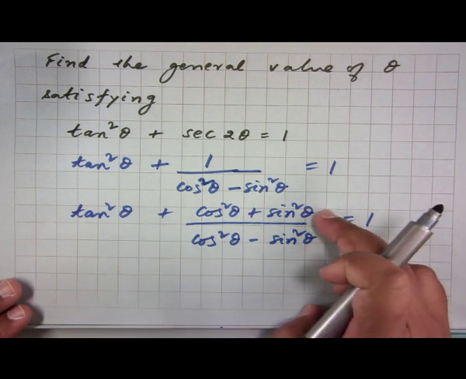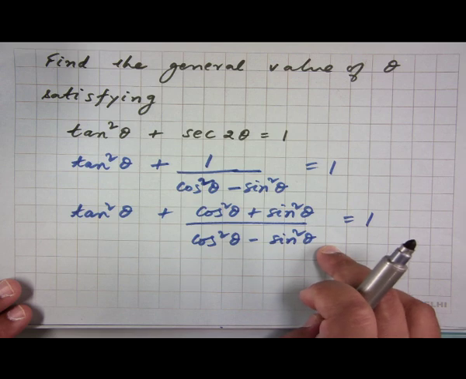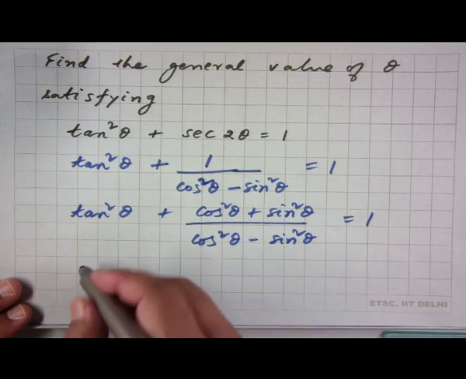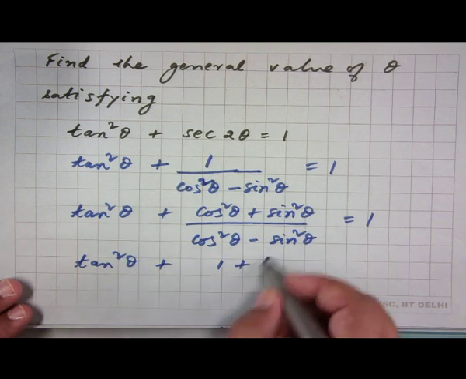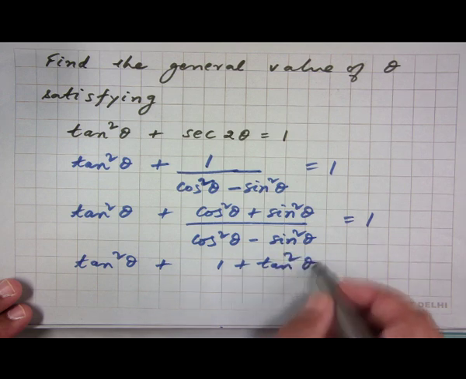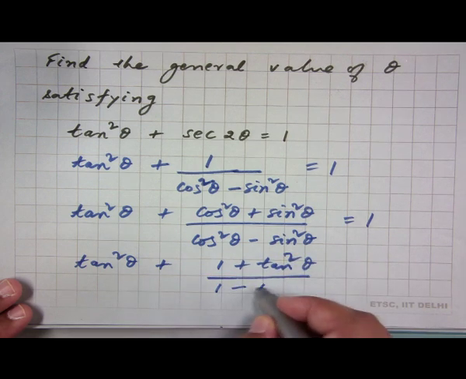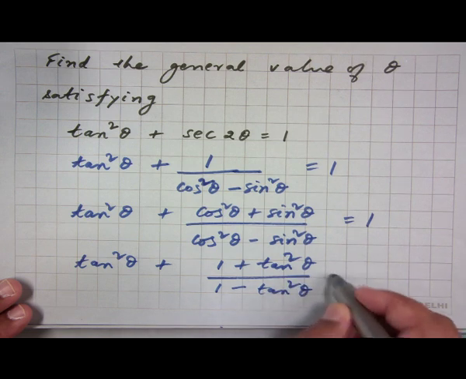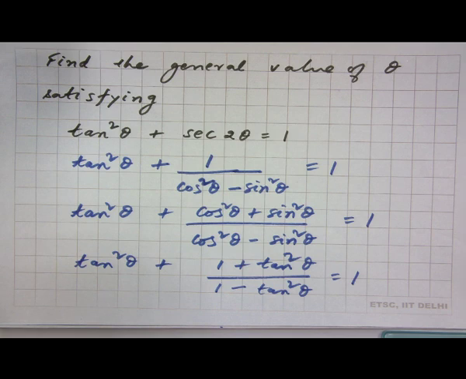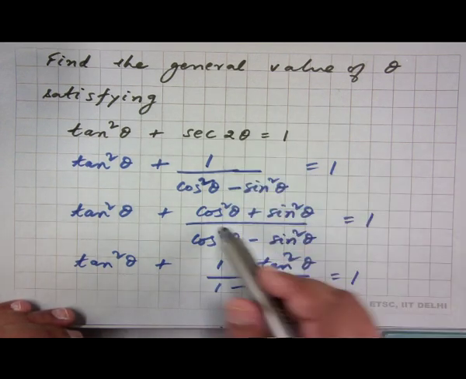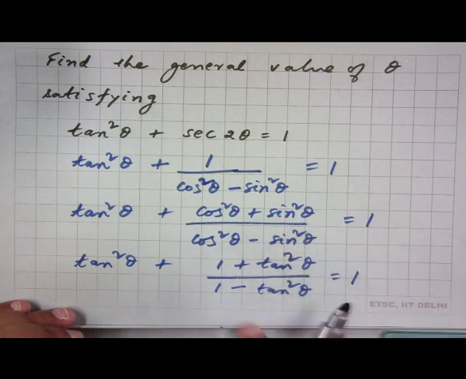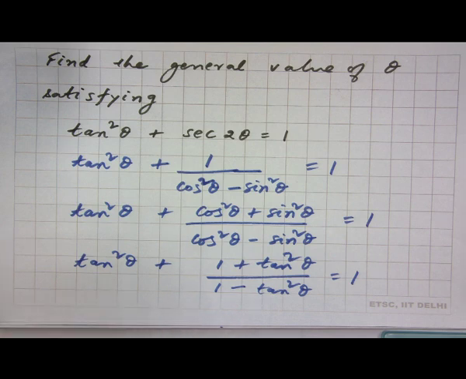Then if we divide both the numerator and denominator by cos square theta, we end up getting 1 plus tan square theta over 1 minus tan square theta equals 1. The reason we had to substitute this 1 with cos square theta plus sin square theta was that I wanted the whole left hand side to be in terms of tan theta.